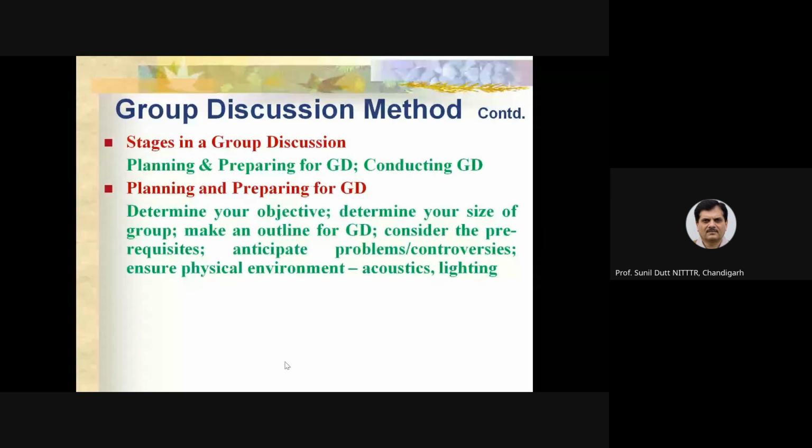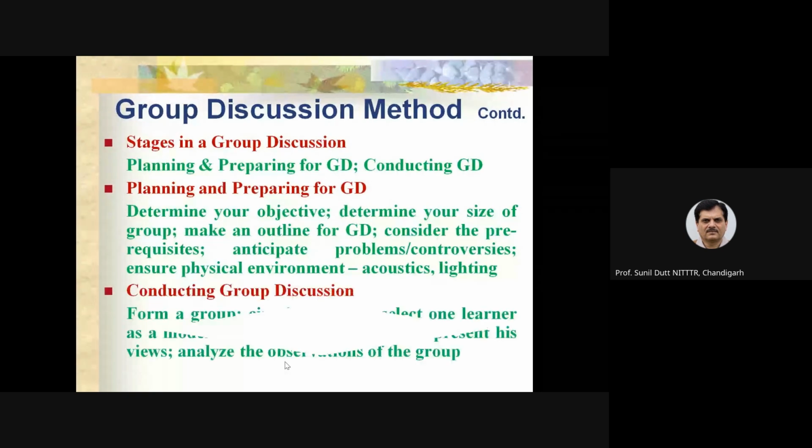First of all, determine the objective, determine the size of the group, make an outline for the group discussion, consider the prerequisites. As a teacher, you need to anticipate the problems or controversies that could arise during group discussion. Ensure physical arrangement in the classroom, including acoustics and lighting, etc.